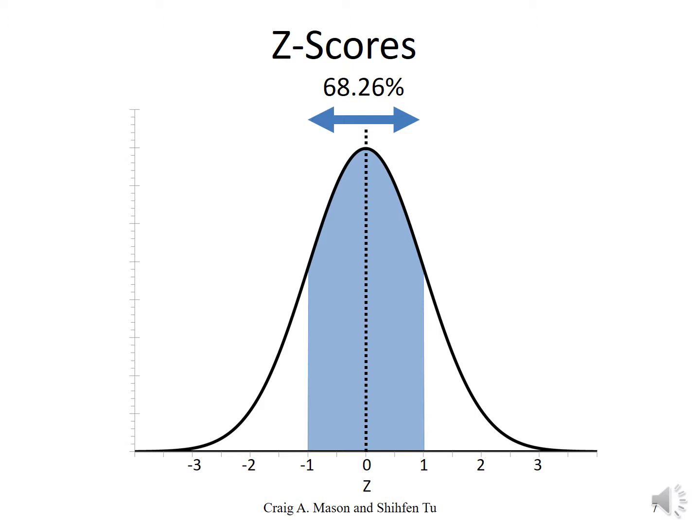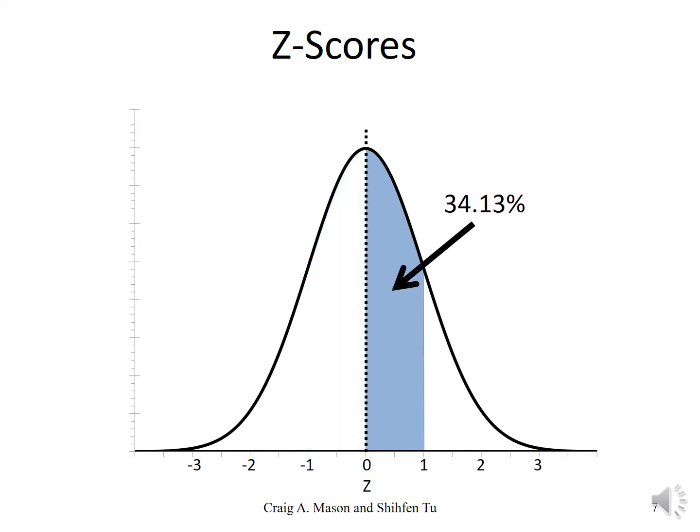Because the normal curve is symmetric, we know that half of that must be between the mean, or a z-score of 0, and a z-score of 1, or 34.13%. Finally, again, because the normal curve is symmetric, half of the scores are below the mean.